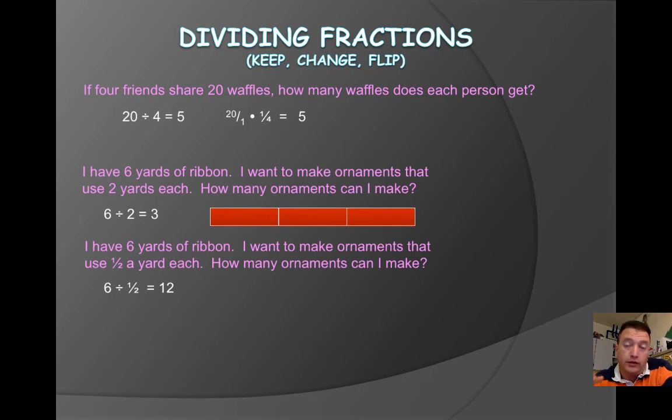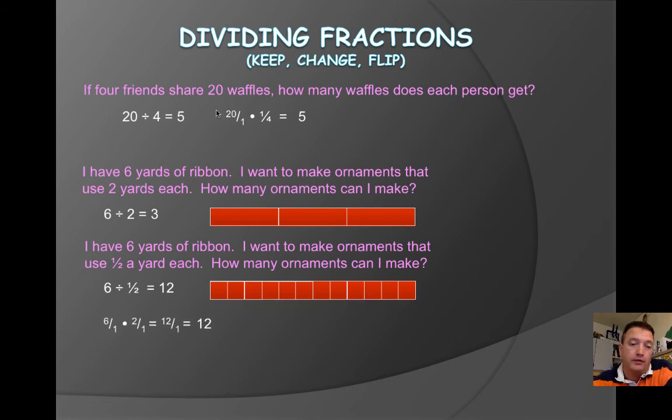But let's look at that from a keep, change, flip standpoint. So if I've got 6, this division becomes multiplication, and I change 1/2 into 2 over 1, which equals 12 over 1, which equals 12. And don't worry if you're confused about why we're flipping that. That's really not important. This is really just meant to be an introduction for you.